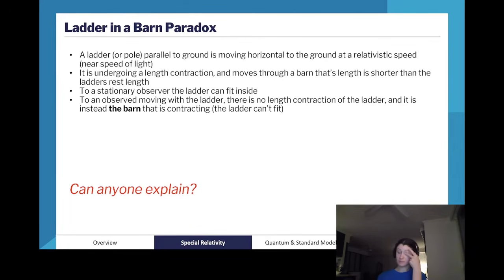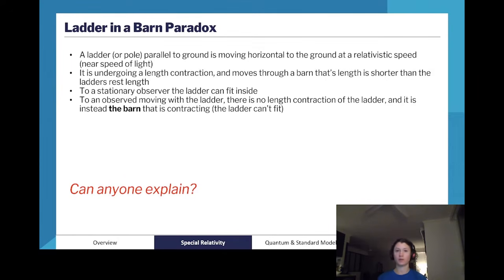Alright, now getting on to the last paradox, which is the ladder in a barn paradox. So, for this one here, we have a ladder or a pole, whatever you'd like, parallel to the ground, moving horizontally to the ground at a relativistic speed, or in other words, near the speed of light. So it is undergoing a length contraction and moves through the barn that's length is shorter than the ladder's rest length.